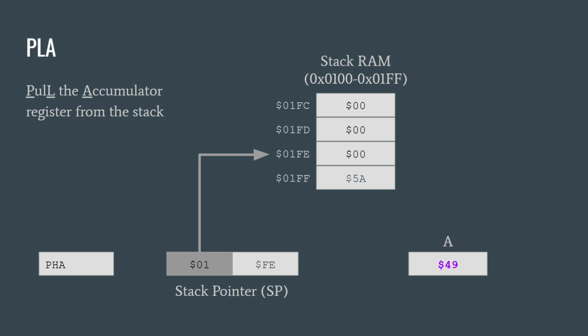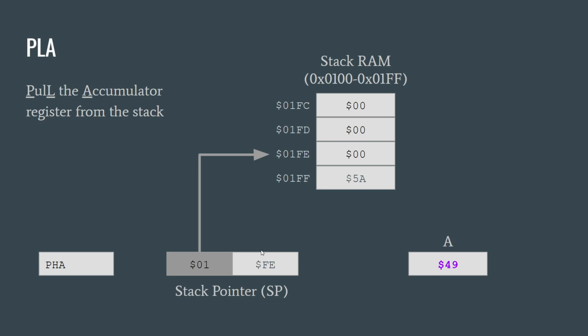So we talked about pushing a value to the stack. Let's talk about pulling one of those values off. So like in that example we saw at the beginning, we stacked up the books. Well, what if we want to take one of those books off? How do we do that? So we do that with the PLA instruction, and that's pull the accumulator register from the stack. And in this example, we are starting from a similar point that we were before.